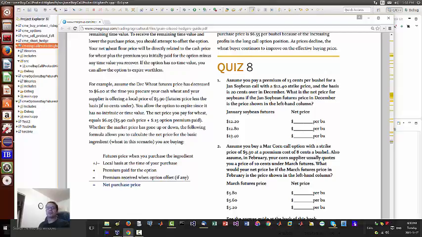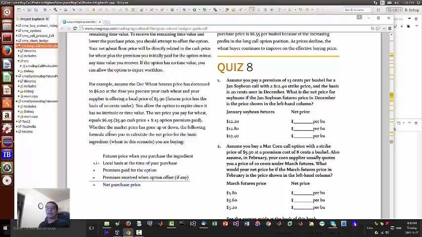So the future price less than the basis is 10 cents. You allow the option to expire since it has no intrinsic value. The net price you pay for wheat equals, I'm going to show you the calculation in my program, $5.90 cash price plus the option premium paid of 15 cents.